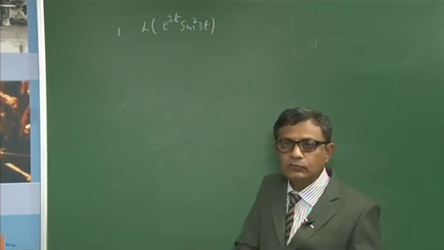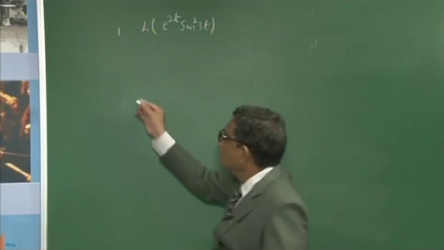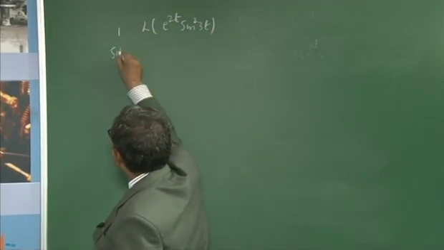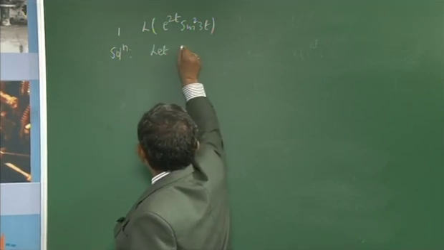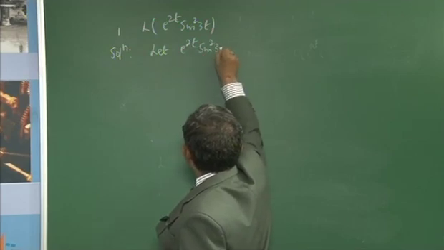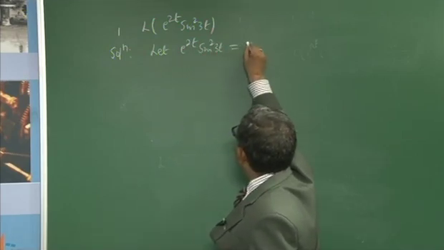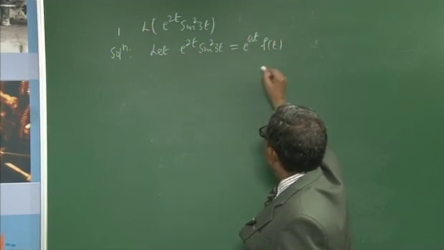Here you have to use the first shifting property. How to find the solution? Let e raised to 2t sin square 3t be equal to e raised to at f of t.